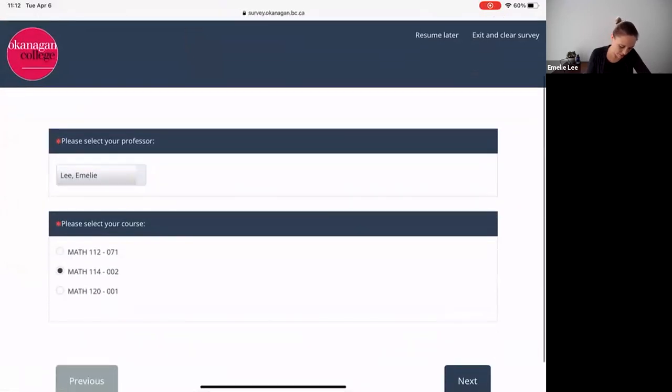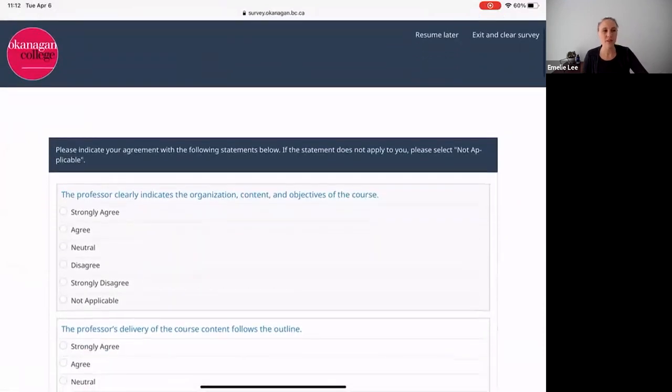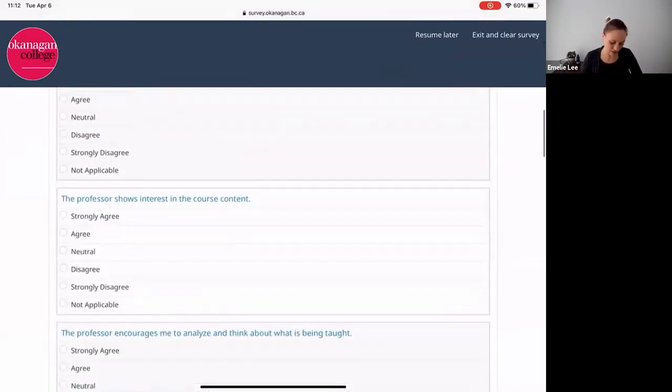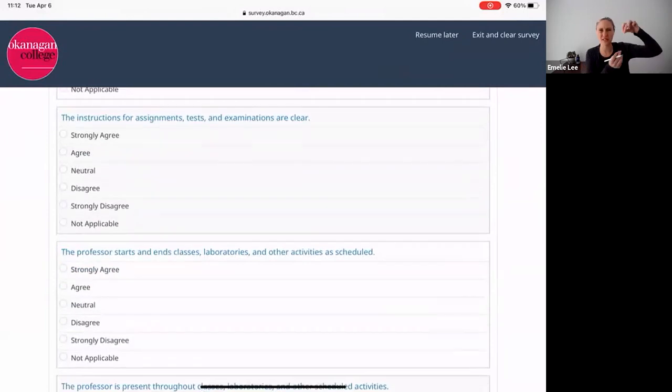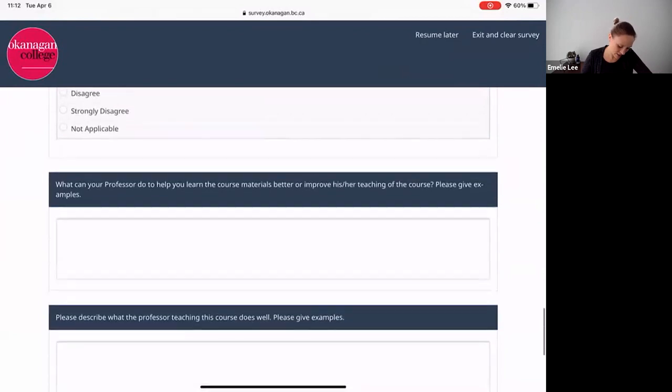And then you pick your course, and then these strongly agree to strongly disagree answers, those are what's important. If you scroll down, it looks like a lot, but it's not actually. It's usually just a one-page bubble sheet. And then here, these are the comments that just go to me.